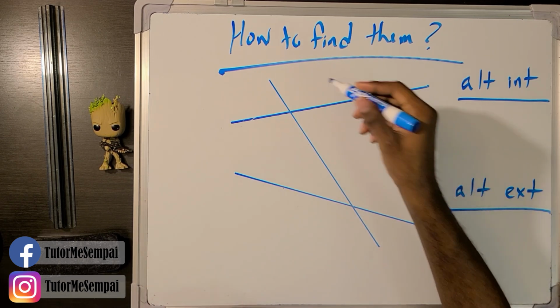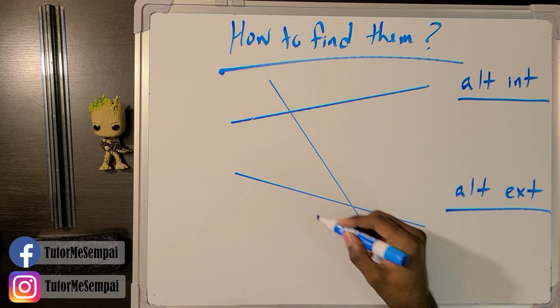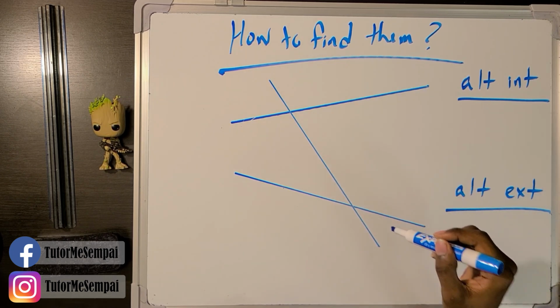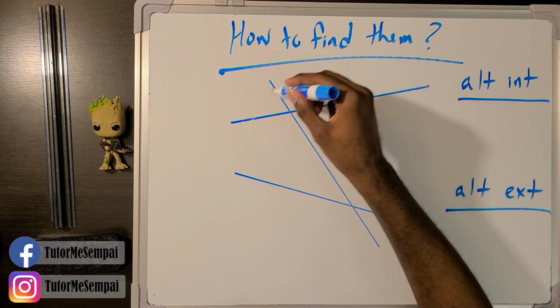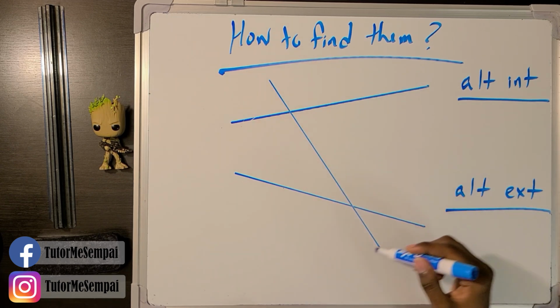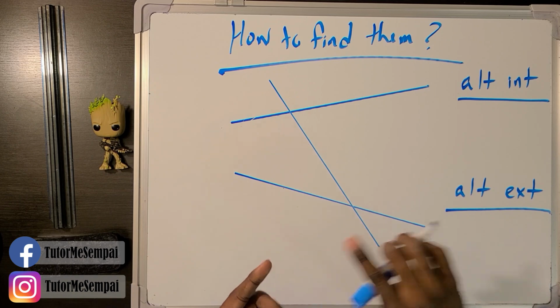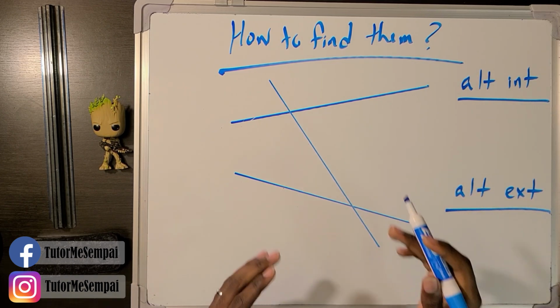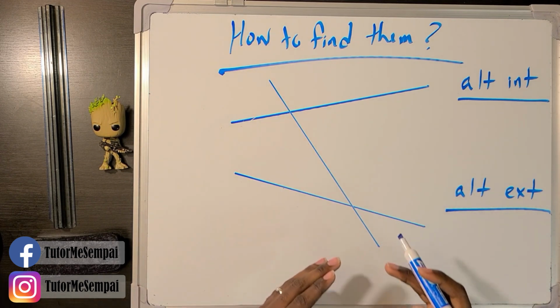What I mean by that, you're going to have 4 angles up here and 4 angles down here. You have to pick one from here and one from here. Never pick 2 from the top or 2 from the bottom to find corresponding, to find alternate interior, or to find alternate exterior. You're going to have to pick one from the top and then one from the bottom.